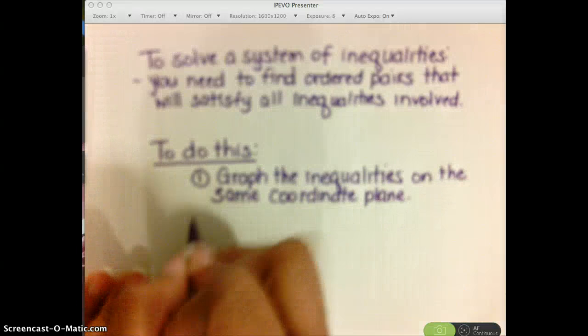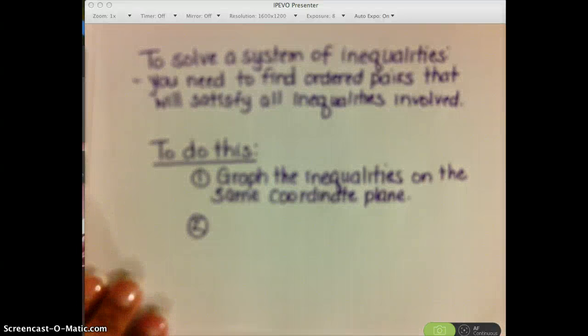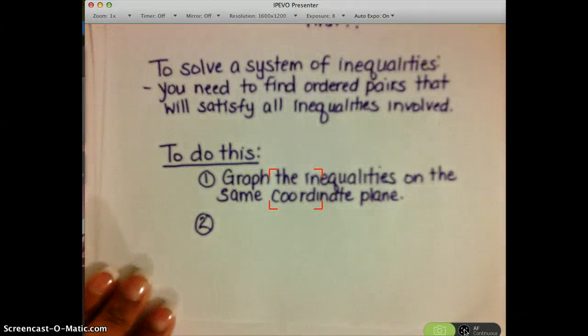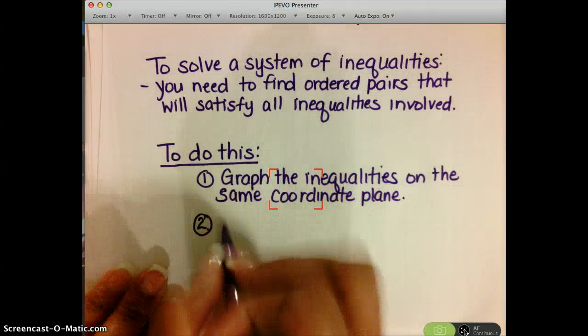All right, keep in mind when you're graphing inequalities, the shading is actually part of the graphing. If you don't shade, then you have not completely graphed the inequality. After we graph the inequalities on the same coordinate plane, then we're looking for the solution.